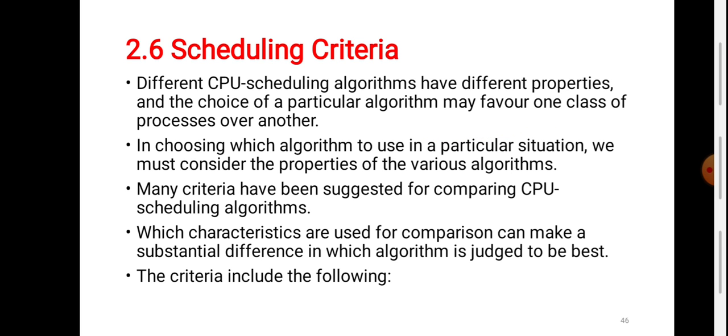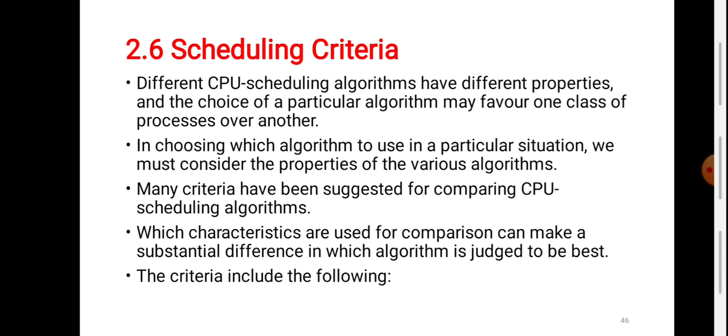Now we will see some scheduling criteria, based on which we are going to categorize these scheduling algorithms. Different CPU scheduling algorithms have different properties, and the choice of a particular algorithm may depend on some criteria.